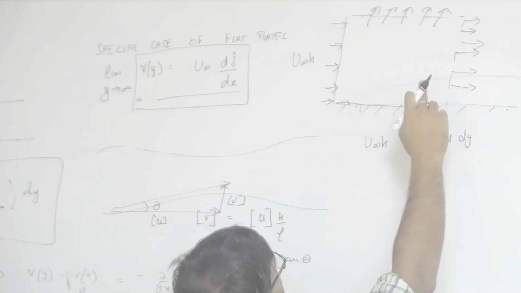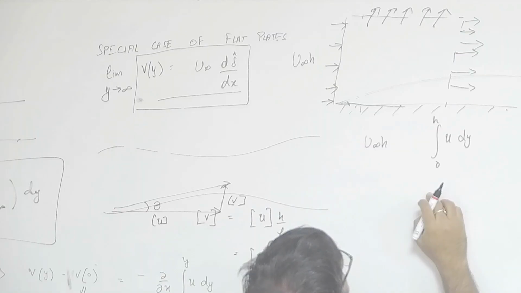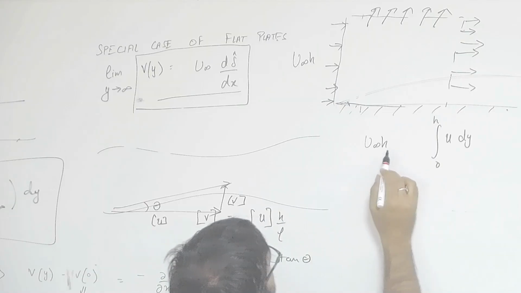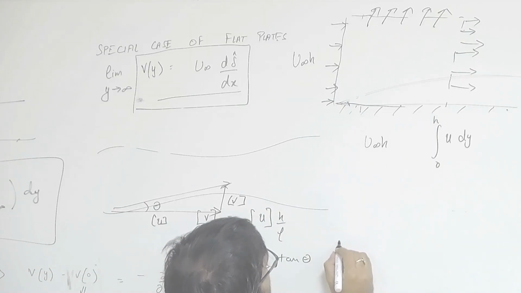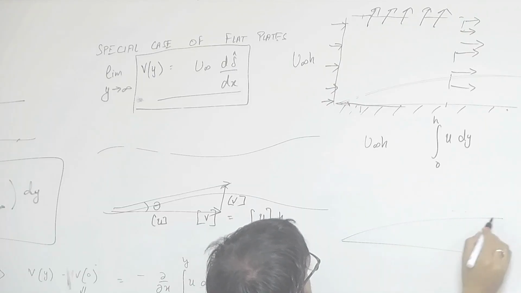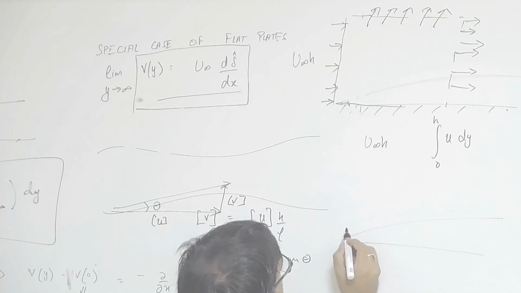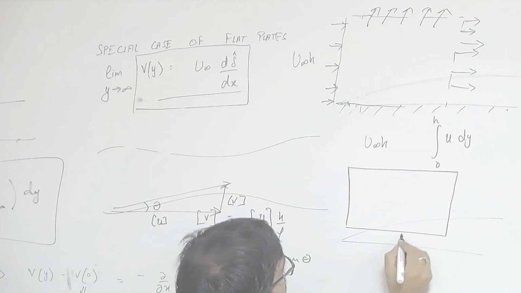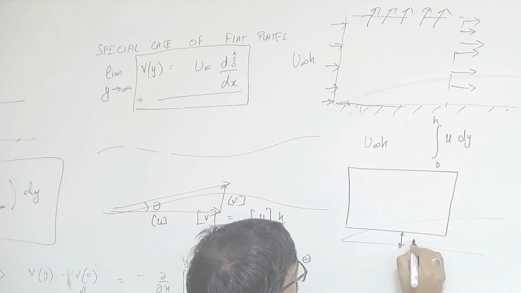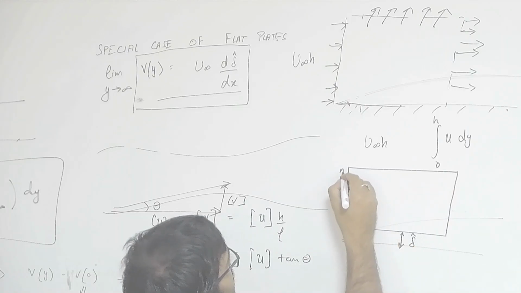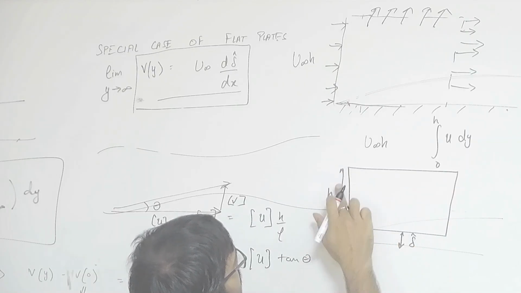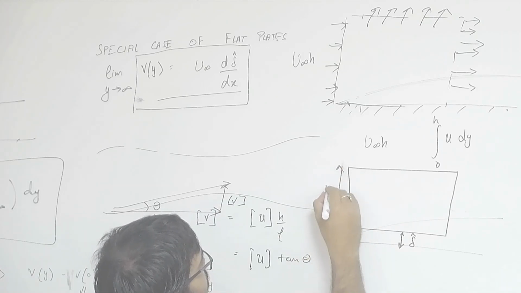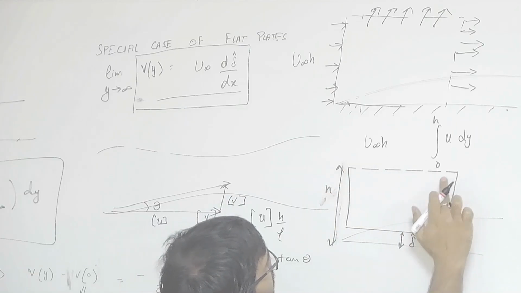And there is another thing that we can say. Let us imagine a hypothetical case where we could ignore the boundary layer completely, and instead of h, let us say this was some delta hat, and this is your h. So this is your control volume.